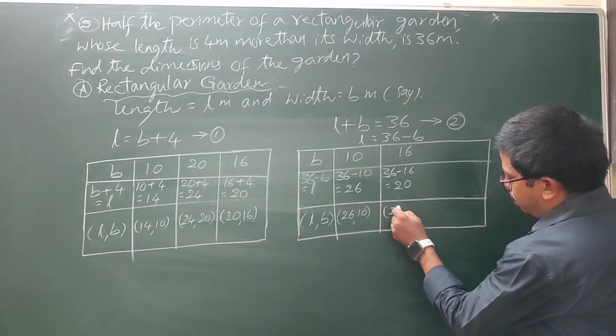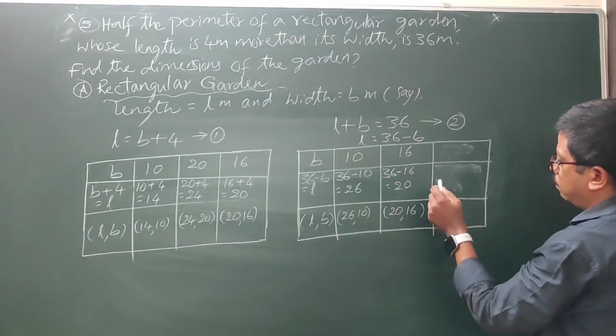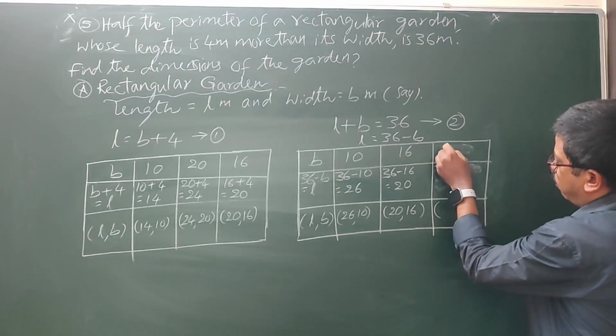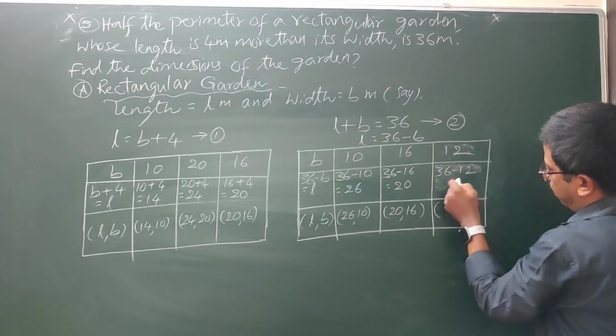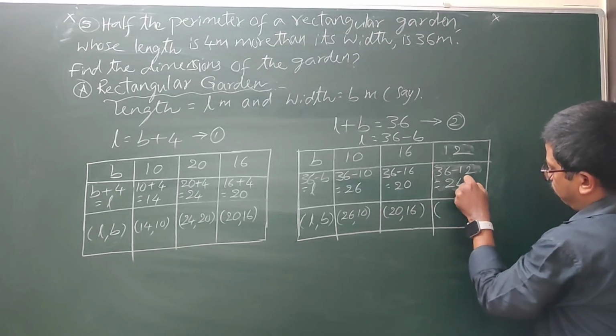So 20 comma 16. B as 12, I will get 36 minus 12 equal to 24.